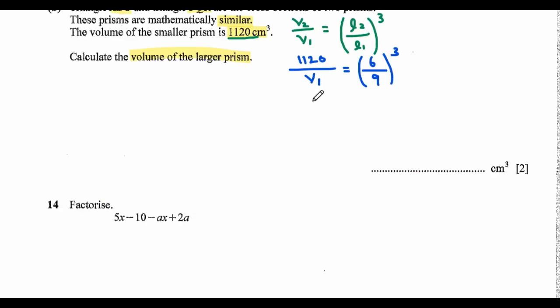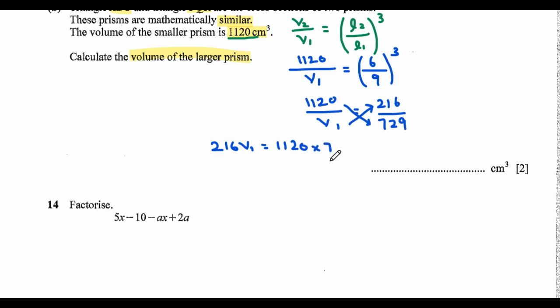Solving it further, it would be 1120 divided by V1. The cube of 6 would be 216 and the cube of 9 would be 729. Again cross multiplying this, it would be 216 times V1 is equal to 1120 times 729.